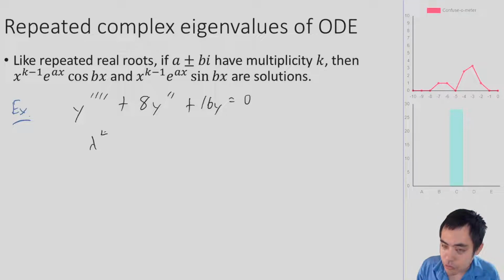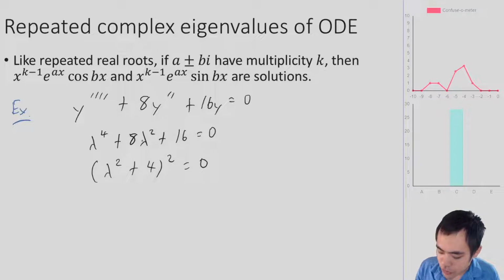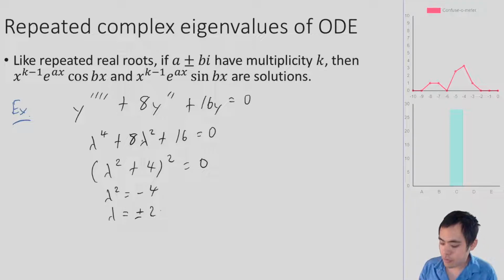So we have lambda to the fourth plus 8 lambda squared plus 16 is equal to 0. So this is lambda squared plus 4 squared is equal to 0, right? So therefore, we have lambda squared is equal to minus 4. So lambda is equal to plus or minus 2i. But multiplicity 2 on each of them.